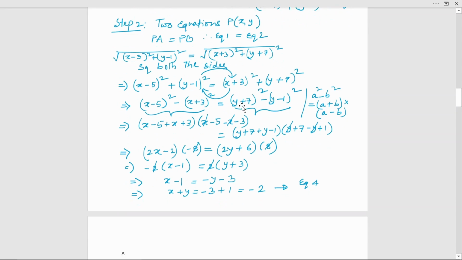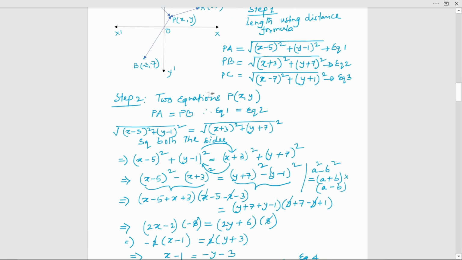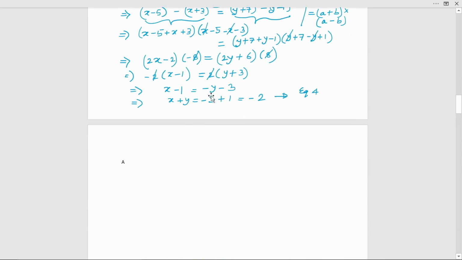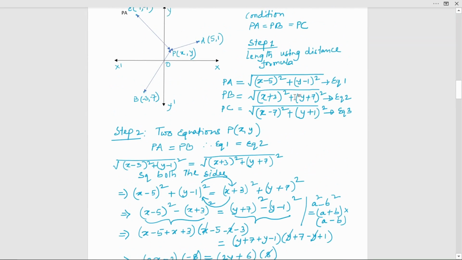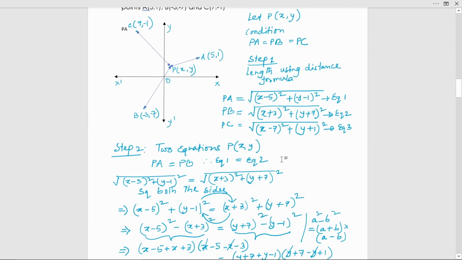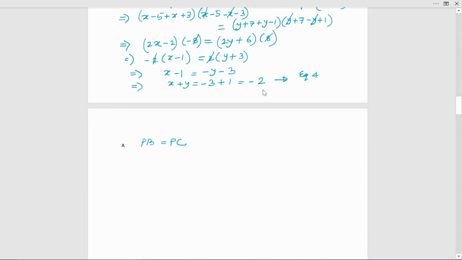Now what we can do is that one is PA equal to PB, and another thing we can do is frame the second equation by putting PB equal to PC. So what is PB equal to PC? PB equal to PC is basically equation 2 equal to equation 3.